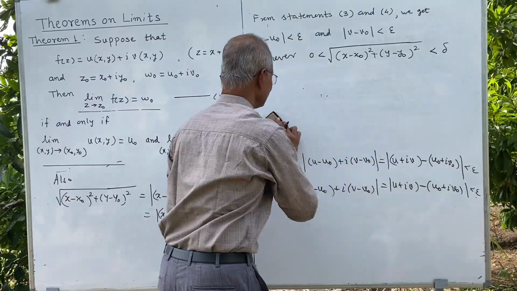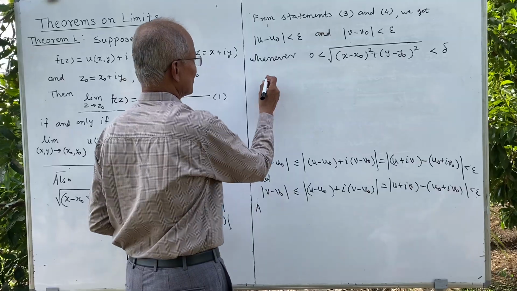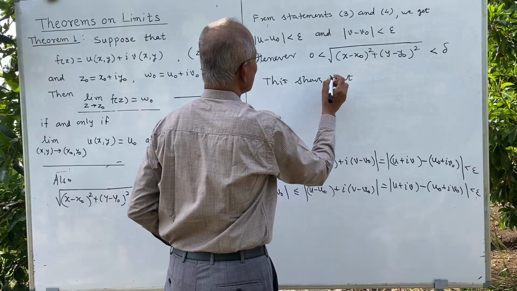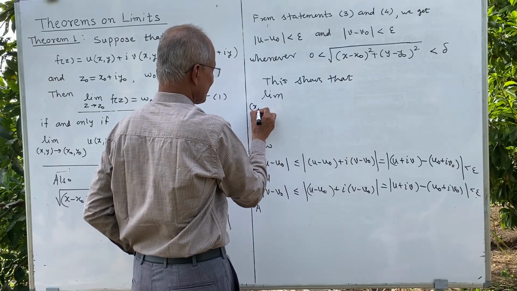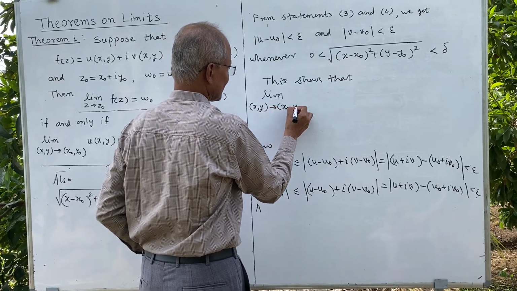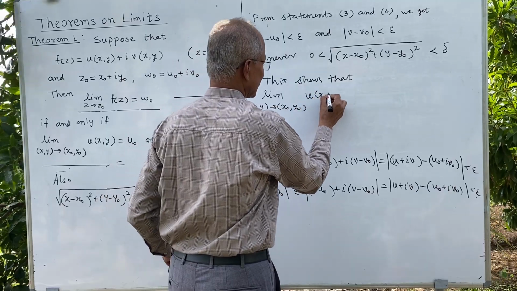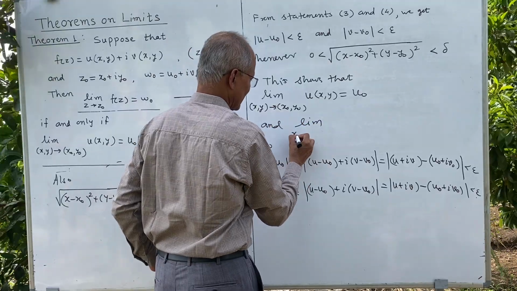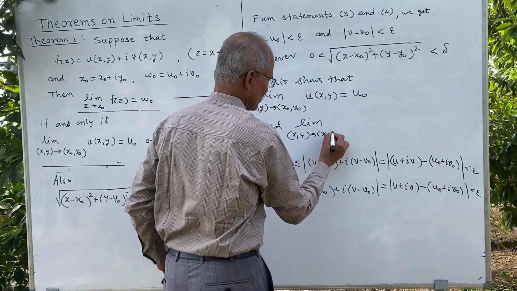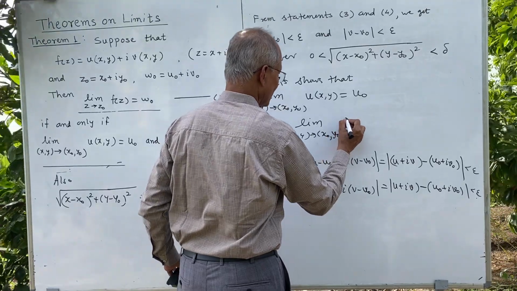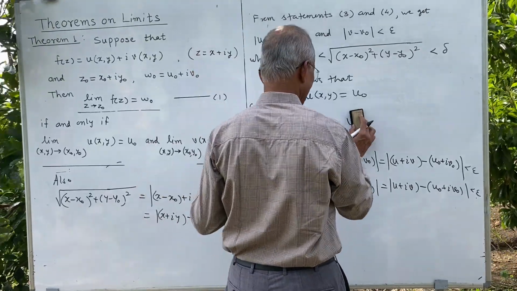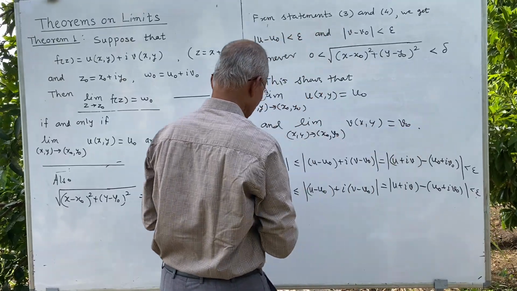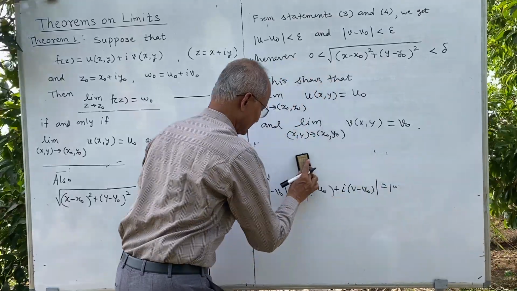And this shows that the limit as x comma y tends to x naught y naught of u of x y is u naught, and the limit as x y tends to x naught y naught of v of x y is v naught, and statement 2 holds, and this proves the theorem.